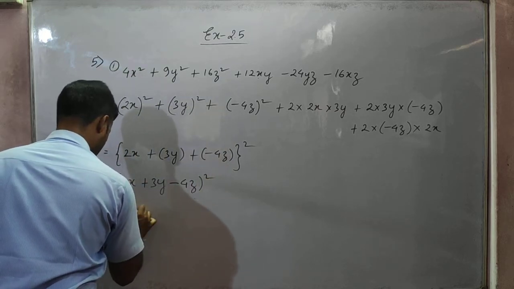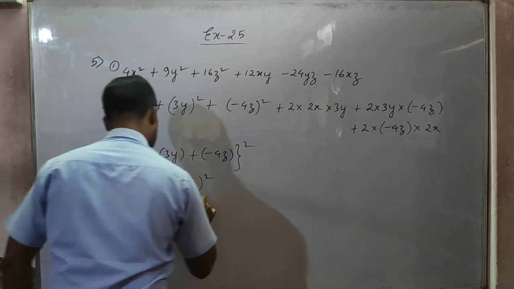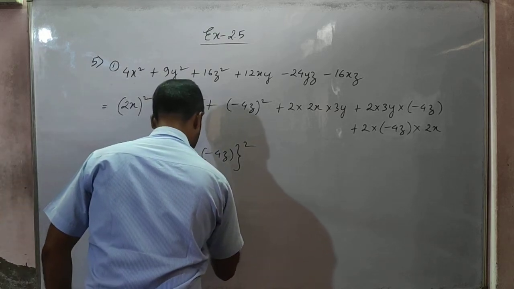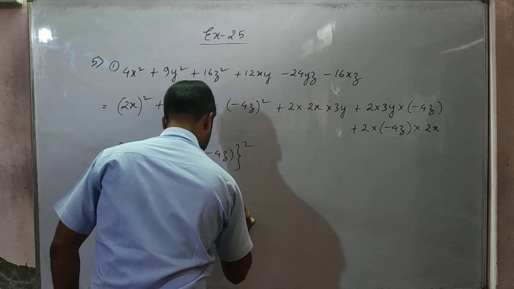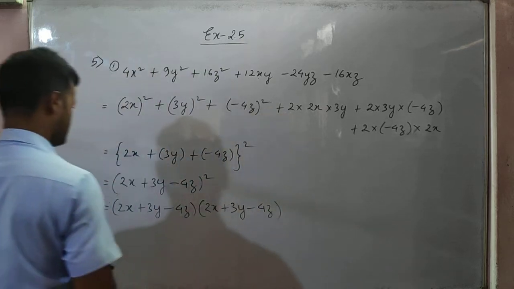So this will be 2x plus 3y minus 4z into 2x plus 3y minus 4z.